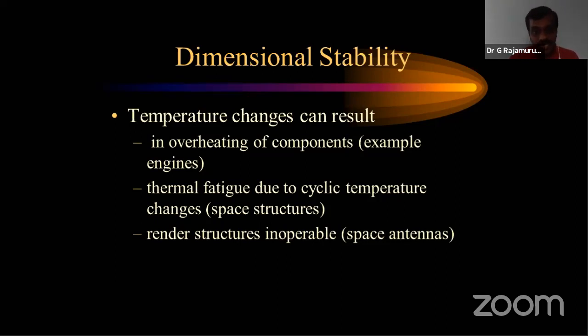So if you are going to overheat a component, for example, if you are going to use a metal matrix composite in the engine, or in a space structure, due to this thermal effect, and it may be the combination of the thermal effect and the fatigue behavior, both will try to reduce the strength of the particular material. So in order to overcome those drawbacks, you have to fabricate a composite to overcome those problems, right?